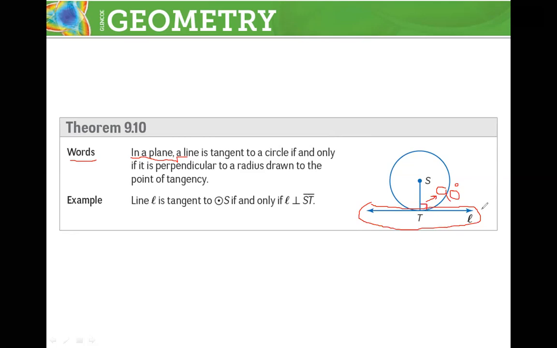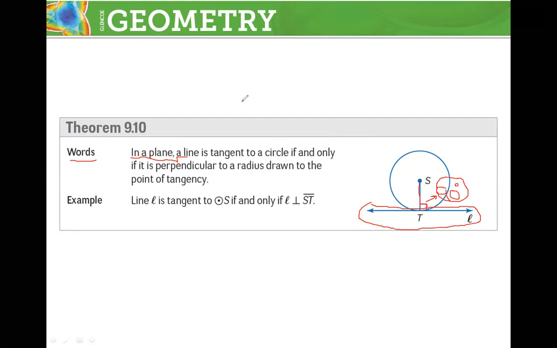So this line is a tangent if this angle equals what? 90 degrees. If the angle between the radius and the tangent is 90, this line is called tangent.